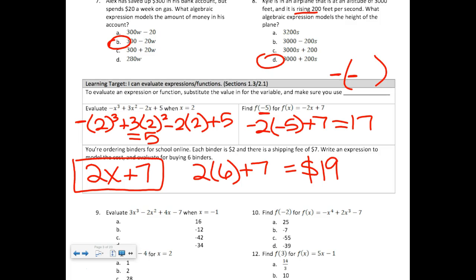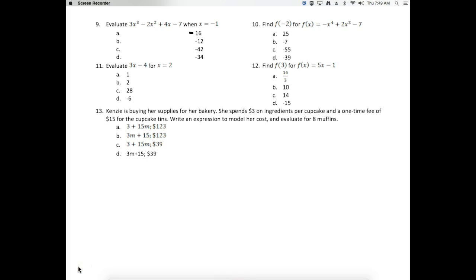So plugging stuff in, writing equations. Can you do 9, 10, and 13? All right. For number 9, did everyone get A? Okay. Is everybody okay with that? Number 10, everyone got C?